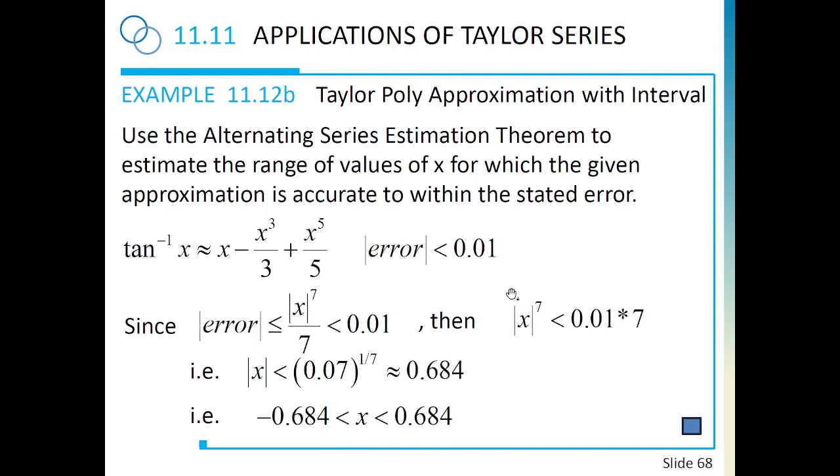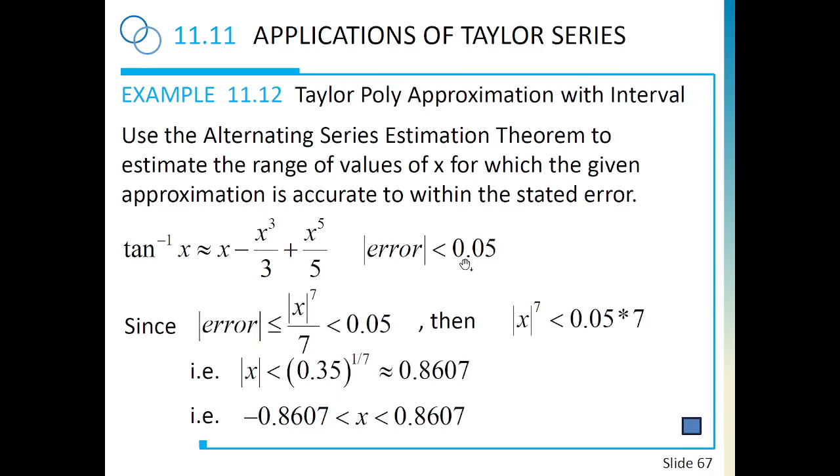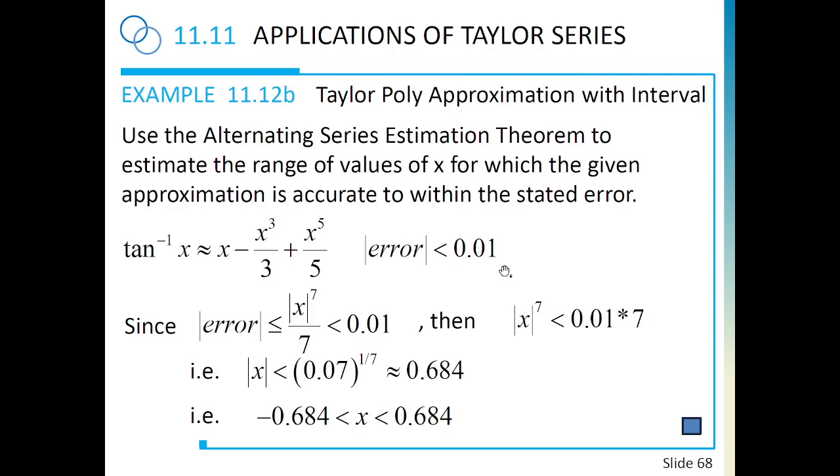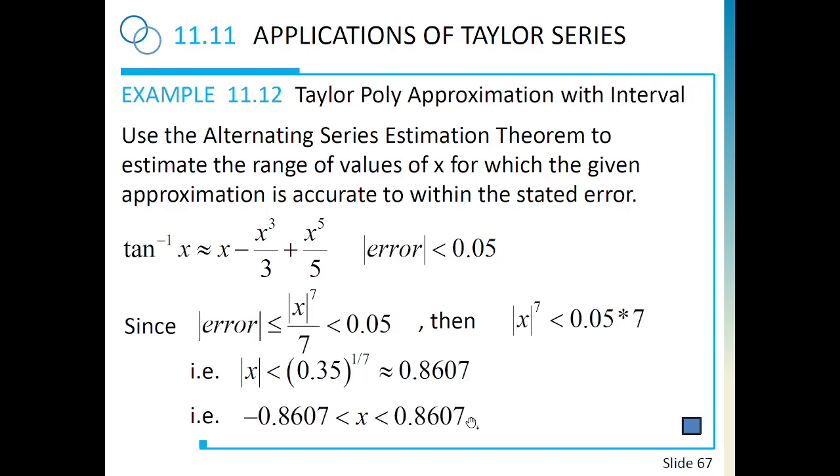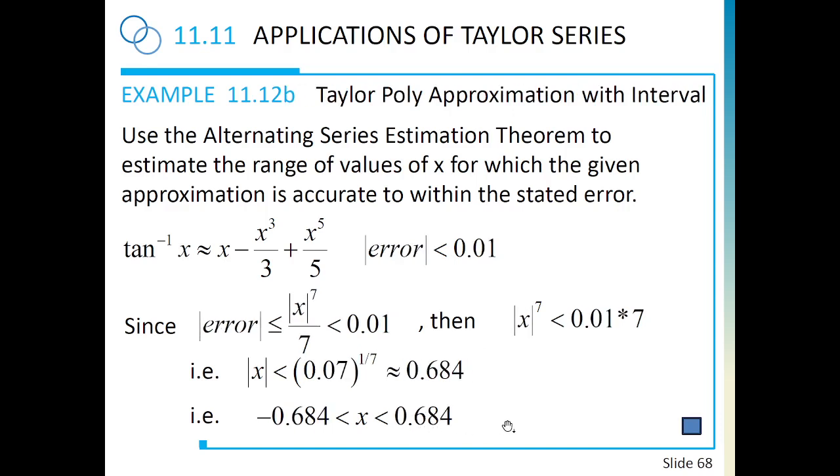And again, if we want a better precision, so here the requirement was 0.05, now the new requirement is 0.01, so 5 times better precision. Well, the interval will shrink. You see, here we had 0.86, here we have 0.68. So the interval is a little bit smaller when we require a better precision.